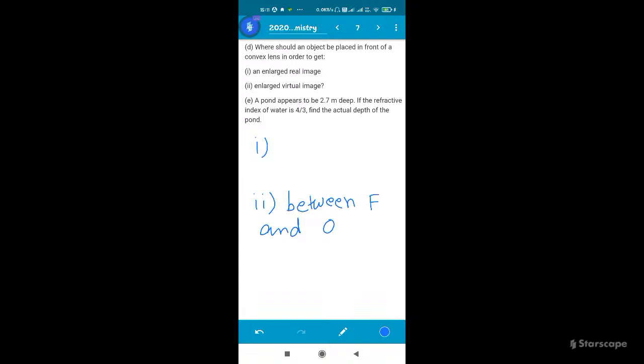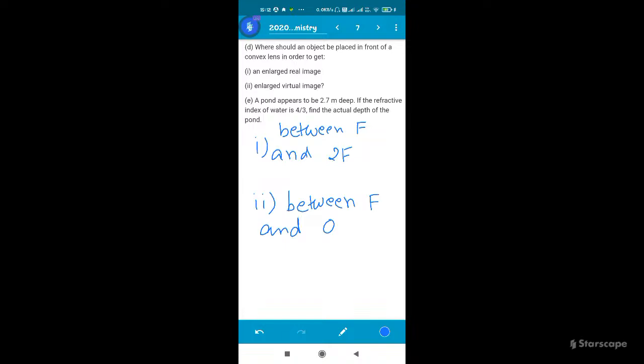We get a real image in almost all of the conditions except for this one. But when is it enlarged? There are two conditions. I am going to write the more obvious condition: between the focus and the center of curvature, between F and 2F. In this condition, you are going to get the image beyond 2F and it is going to be enlarged.